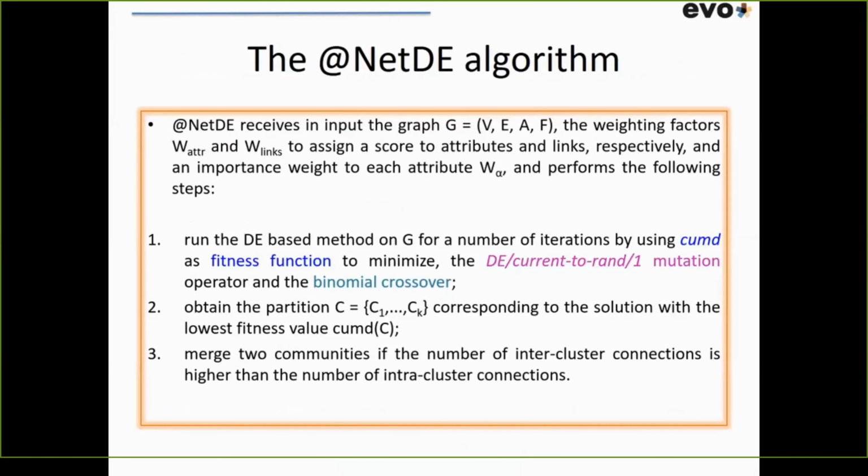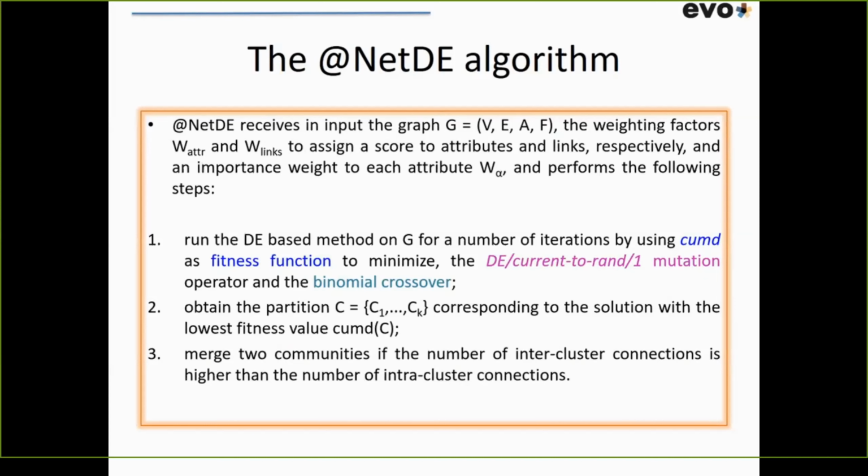The algorithm we propose, namely AtNet-DE, receives in input the graph G and the weights of the clustering unified distance measure and performs the following steps. First, run the differential evolution based method on G for a number of iterations by using CUDM as fitness function to minimize, and the DE current to rand 1 mutation operator and the binomial crossover.